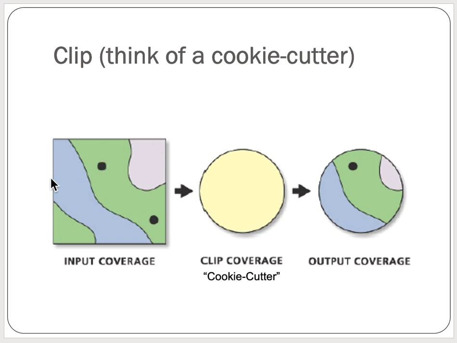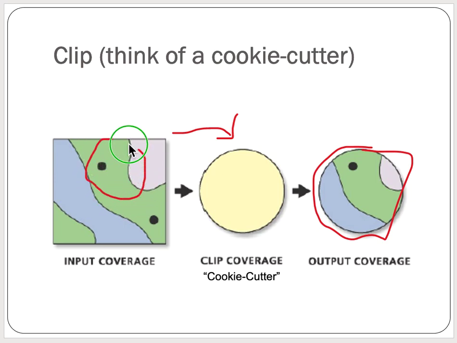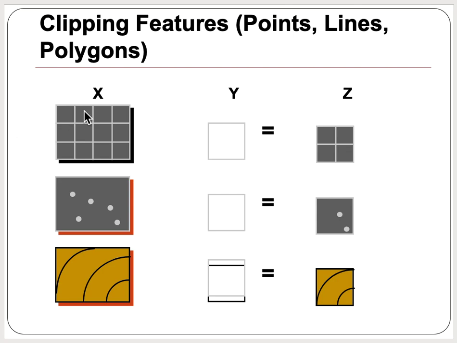So here we have our input coverage and our clip coverage. So our output coverage only covers a circled portion. So it looks like it's covering only this portion here of the map. You could clip different features such as points, lines, and polygons.